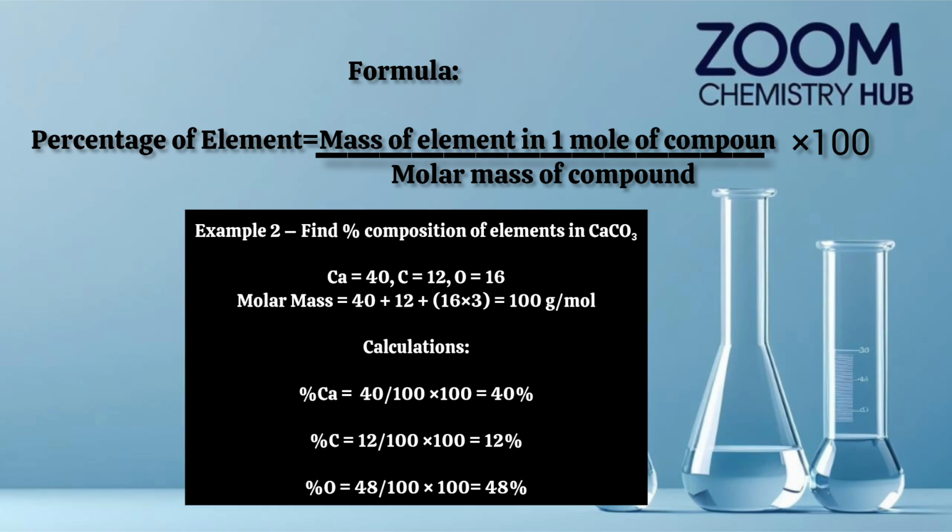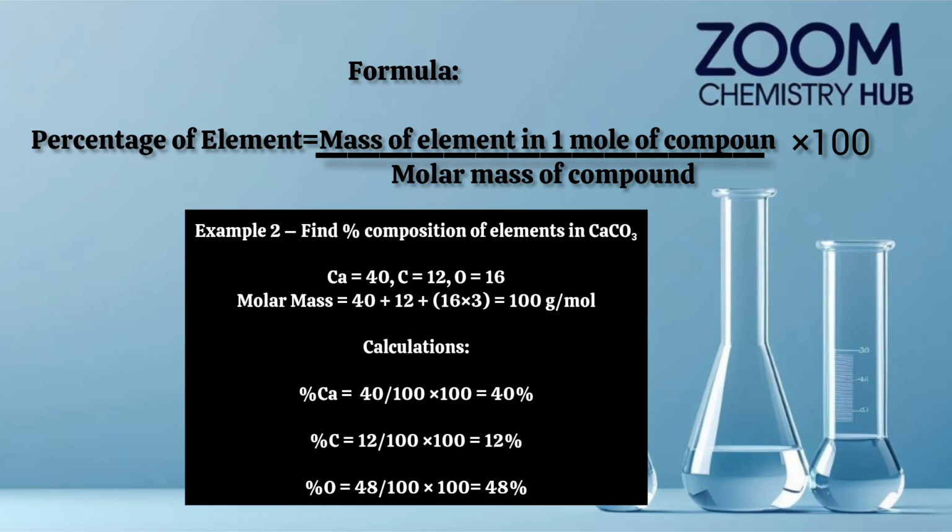We have another example: to find the percentage composition of elements in calcium carbonate. Here we can see that there are 3 elements in this formula: calcium, carbon and oxygen, and their numbers of atoms are: calcium has 1 atom, carbon has 1 atom and oxygen has 3 atoms.